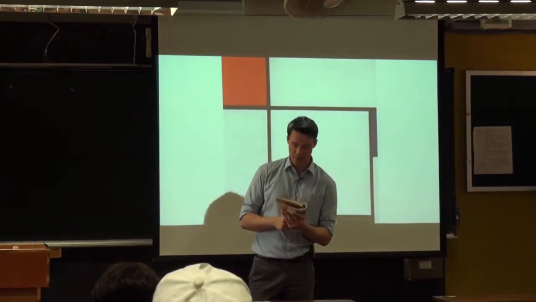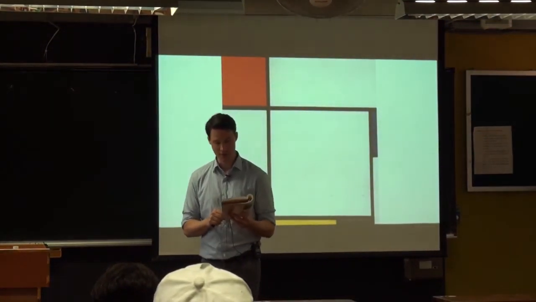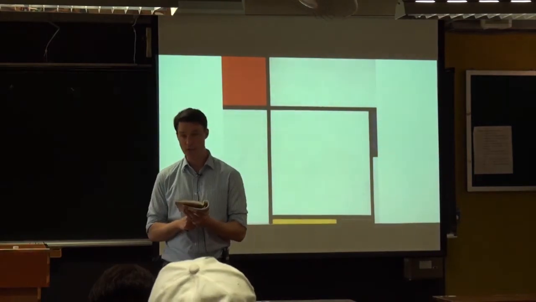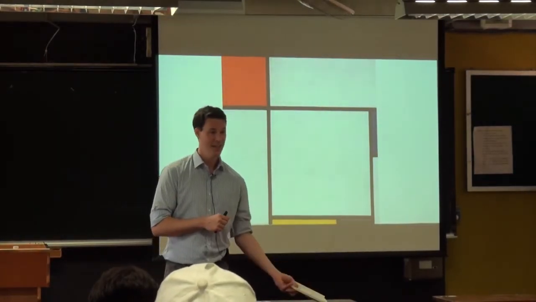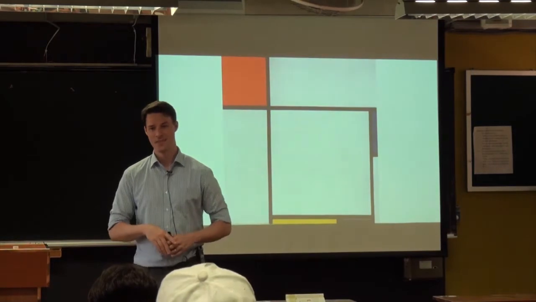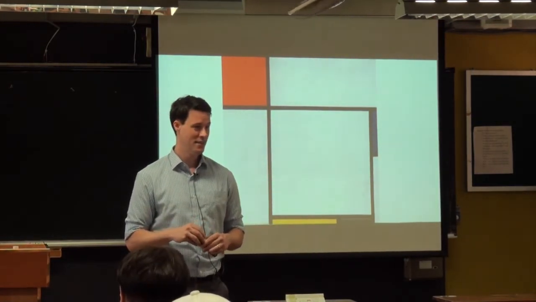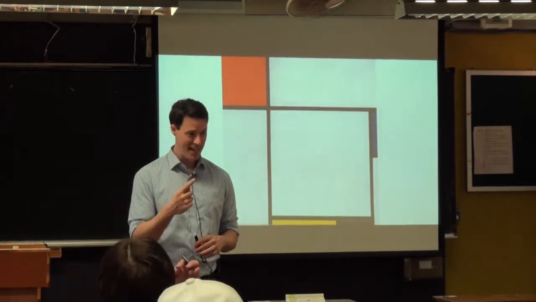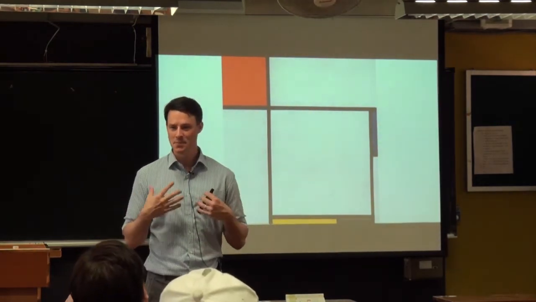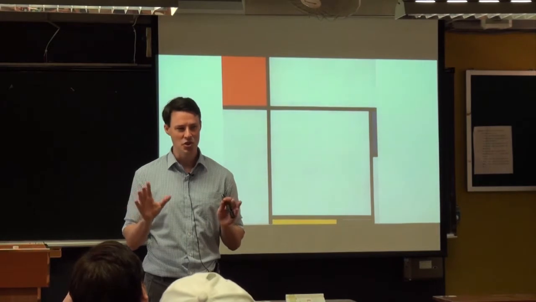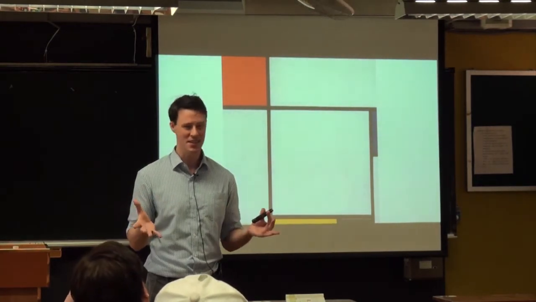Mondrian wanted the pattern in his paintings to show the underlying order of the universe. Okay, what does that mean? That's a very big claim. The painter said, hey guys, this painting I just made shows you what the universe is like.